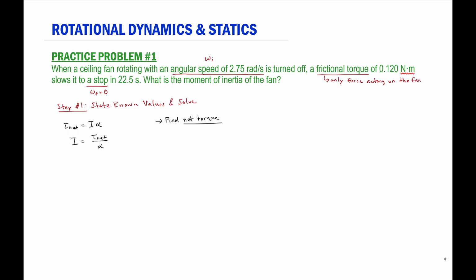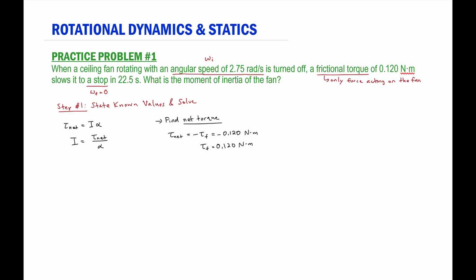So that means the net torque is going to be a negative torque from friction on the system, and therefore it's equal to negative 0.120 Newton meters. Or tau F is equal to 0.120 Newton meters.